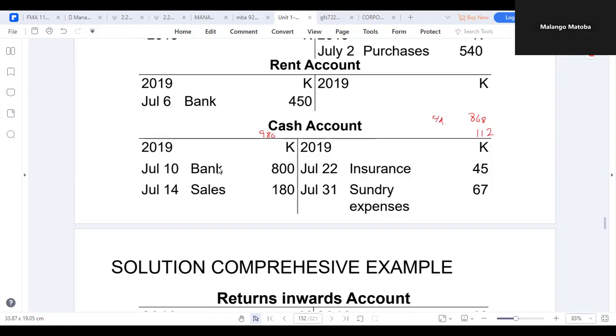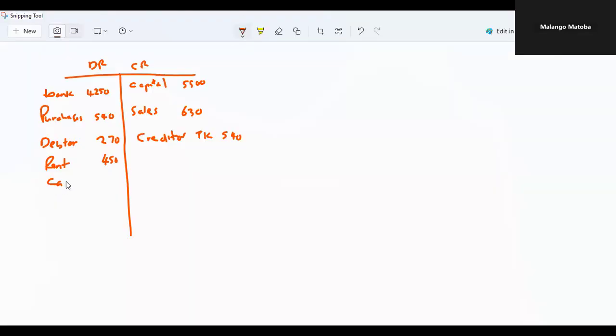So our balance brought down will be what? 868. So the cash account will have a debit balance of 868. So put cash, 868.